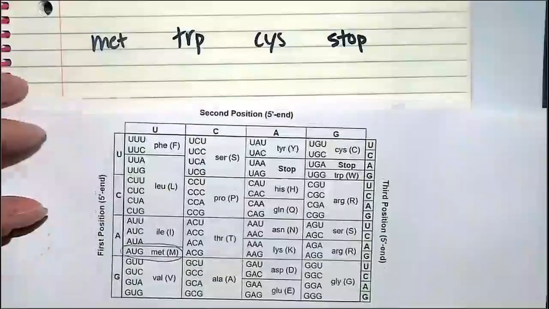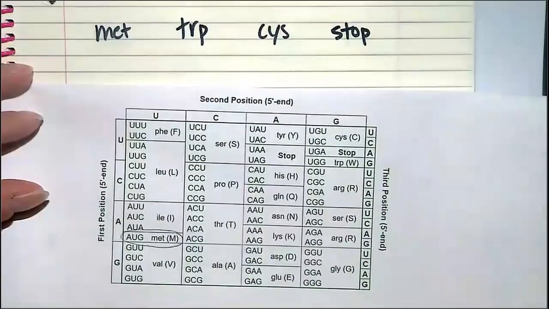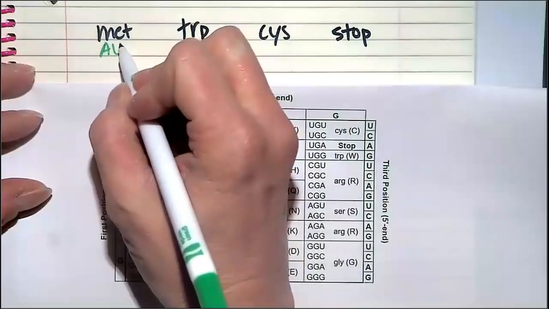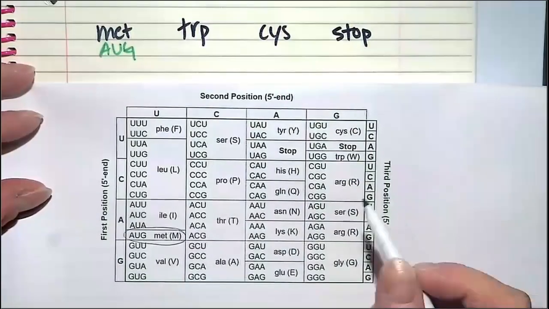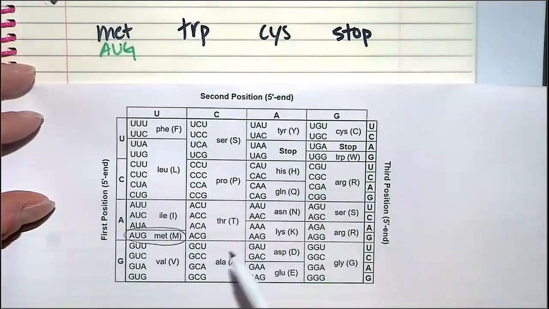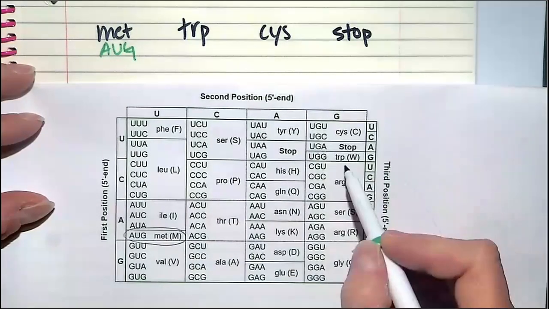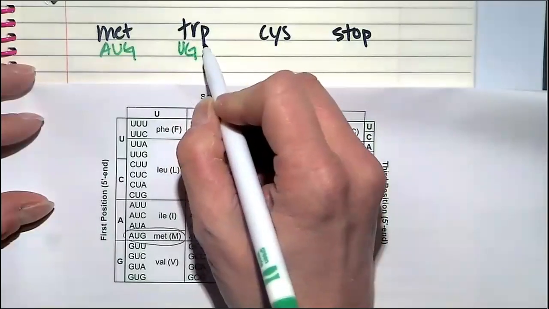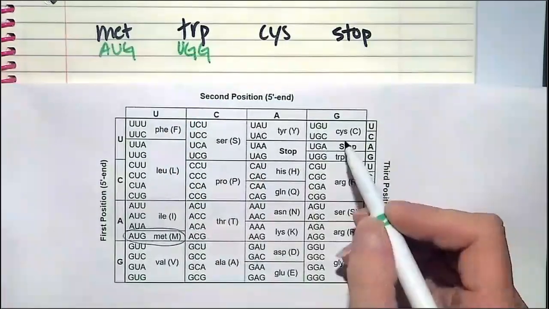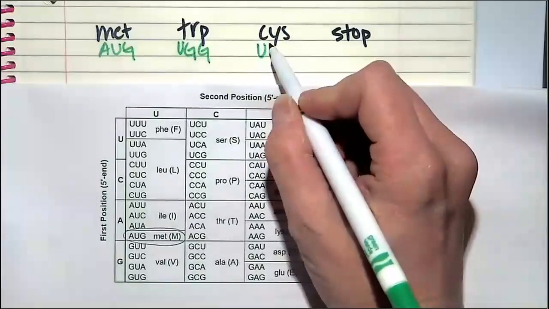So methionine is AUG, trp is right here, UGG, cys right here, UGU.